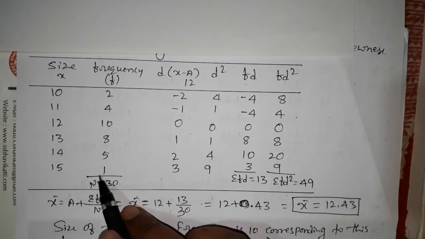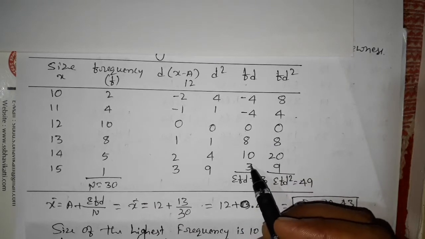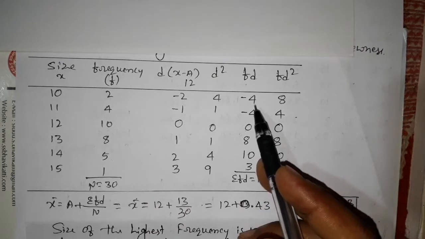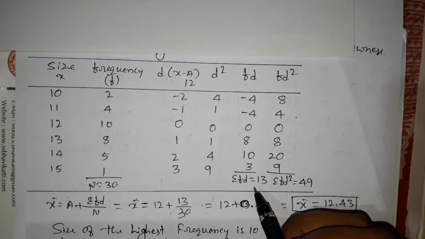Then 1 into 3, you will get 3. Make it the total. Add all the plus values and subtract these two, 8, it will become minus 8. You will get the value 13.